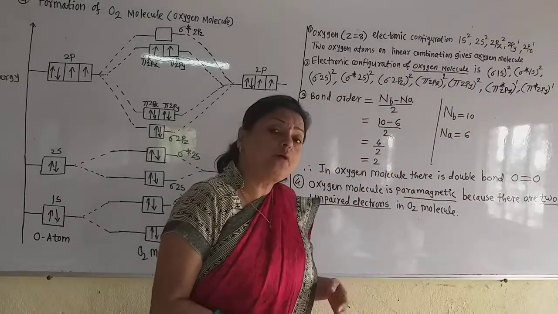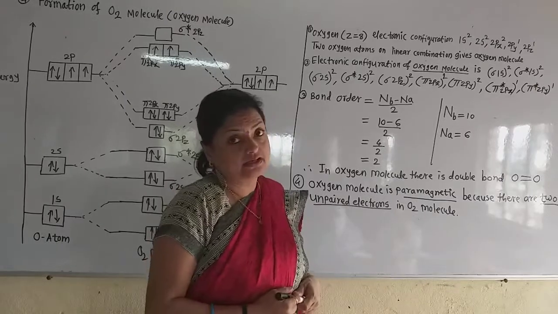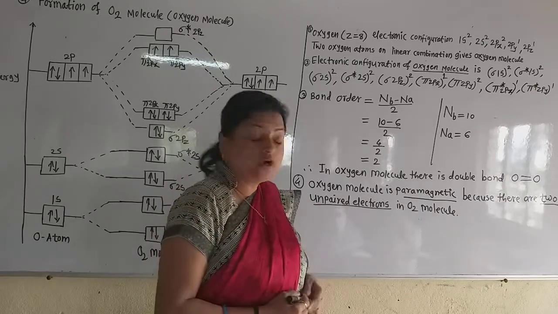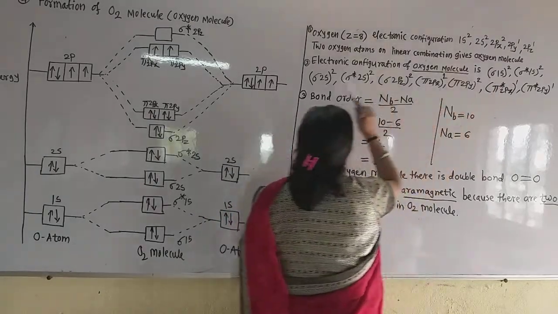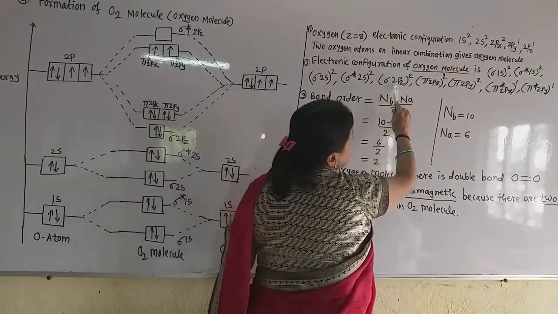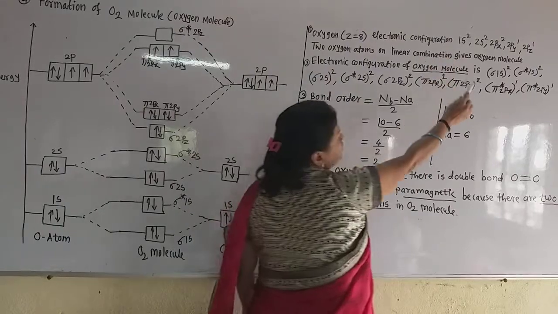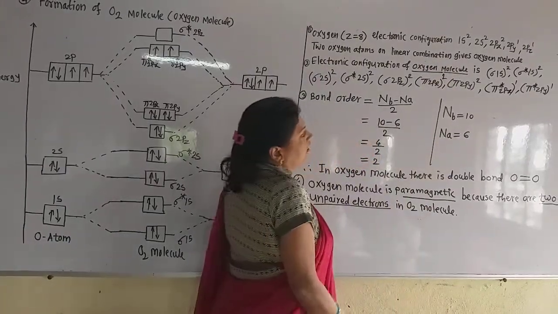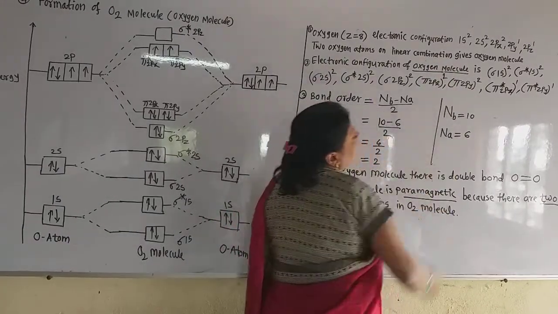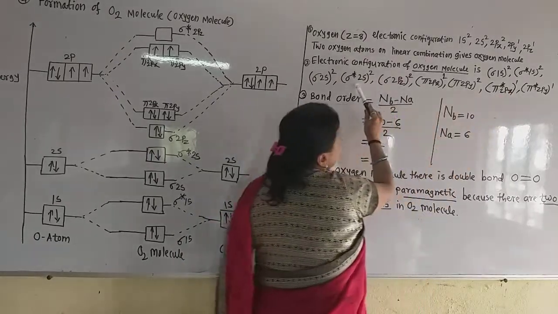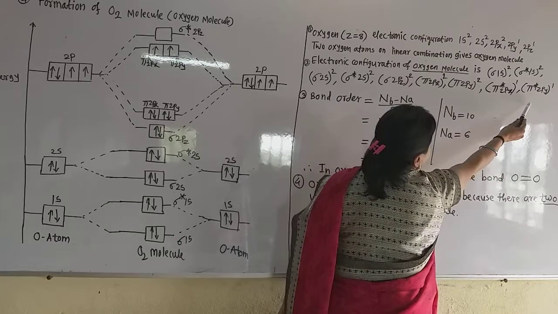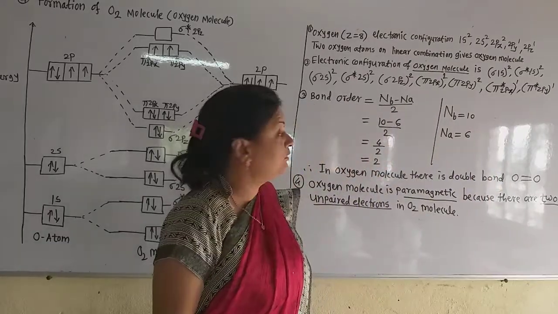Now count the bonding electrons. What is the number of bonding electrons? Count now: 2 plus 2 is 4, plus 2 is 6, plus 2 is 8, plus 2 is 10. So the bonding electrons are 10 and the antibonding electrons are 2 plus 2 is 4, 5 and 6. So there are 6 antibonding electrons.